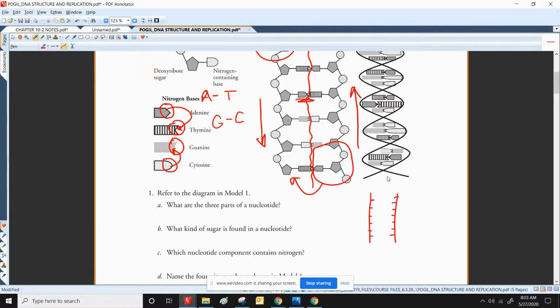All right. Now a copy is being made in this direction here, and this copy is being made in this direction here. So now we're going to go right up to here, and we're making our rungs here. Copy. You can see we got a new strand. Oops. A new strand of DNA. So it's being made, new forms right here, right here, right here.